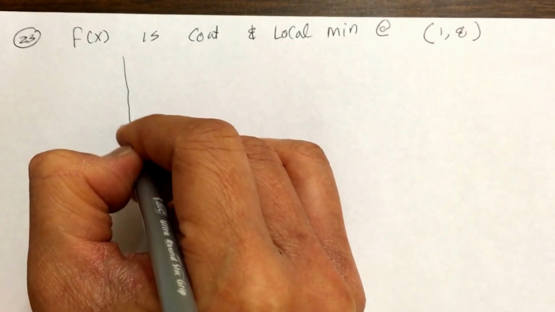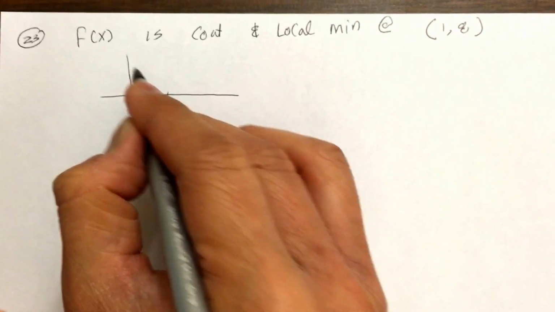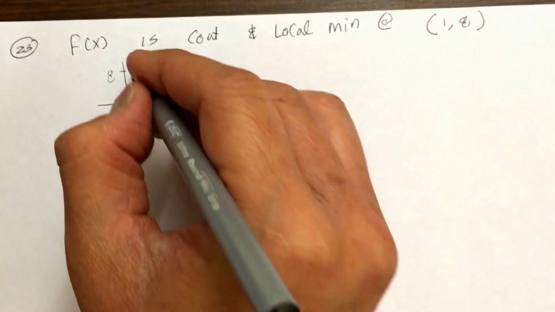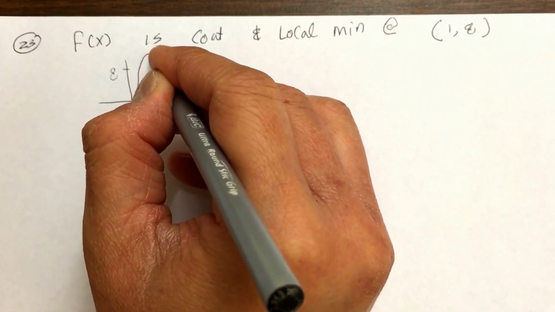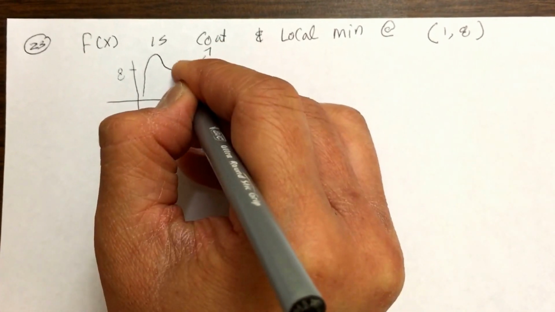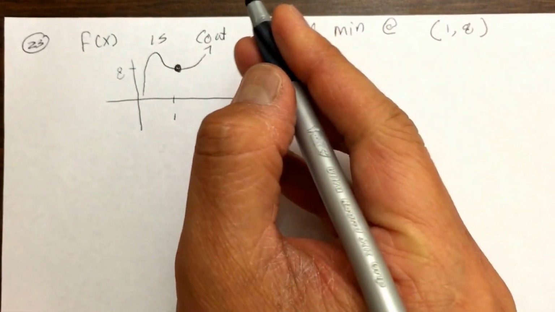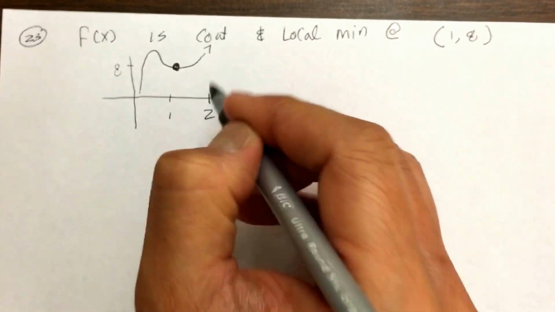We can maybe sketch a function where this is a local min, okay. Which must be true?